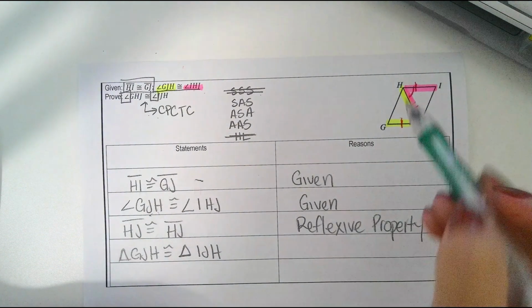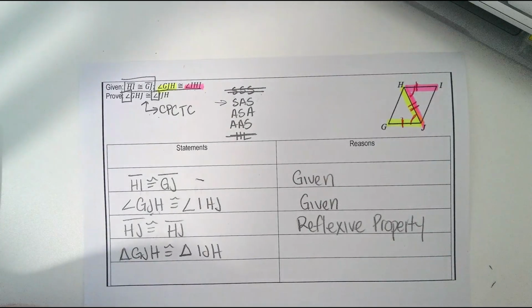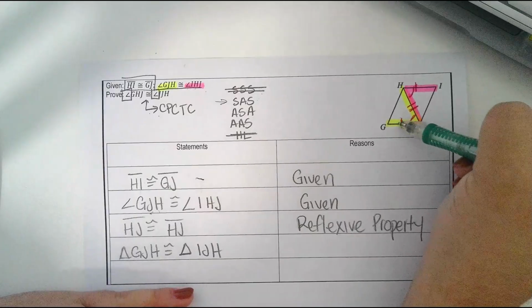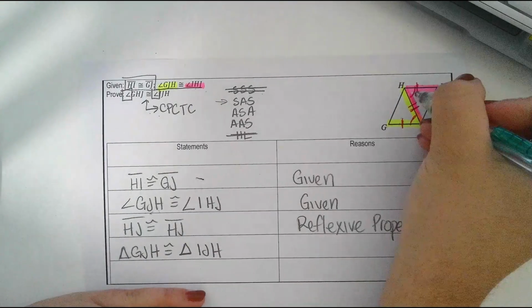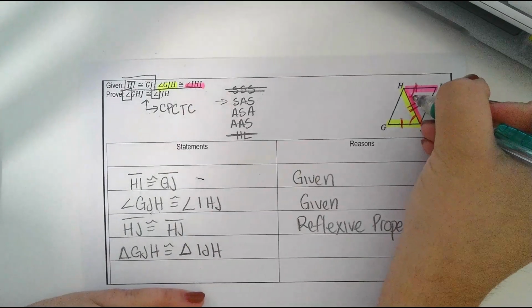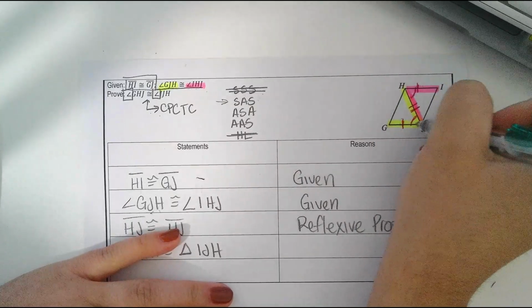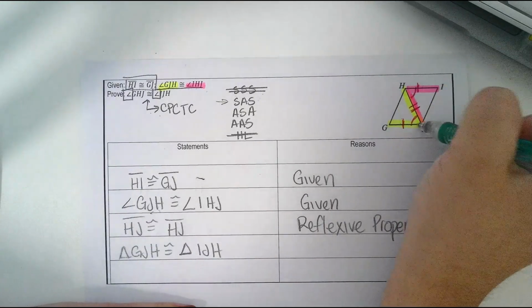However, can we use SAS? Well, were we able to prove that two sets of sides are congruent? Yes, one, two. And we need one set of angles. Yeah, we were able to prove that one set of angles were congruent. But most important, are those angles congruent in the middle of the two congruent sides? Yes, they are.